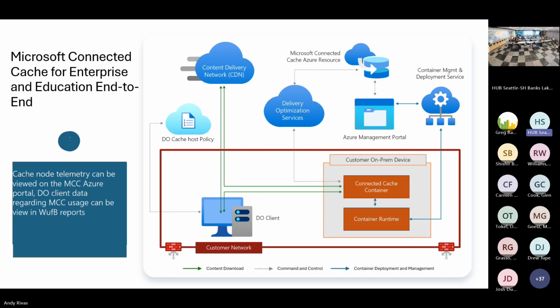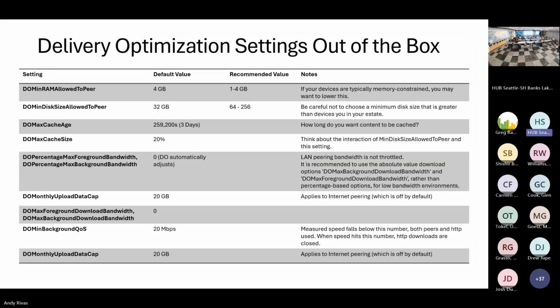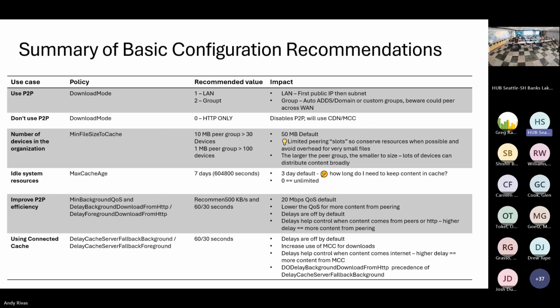Exactly. And I haven't shown this just in the interest of time, but I can share it in the deck. This is the menu of all of the out of the box delivery optimization settings and the values for them. And this is our summary. These settings are also all published online. But this is the list of the basic recommendations for the settings that we have as well.